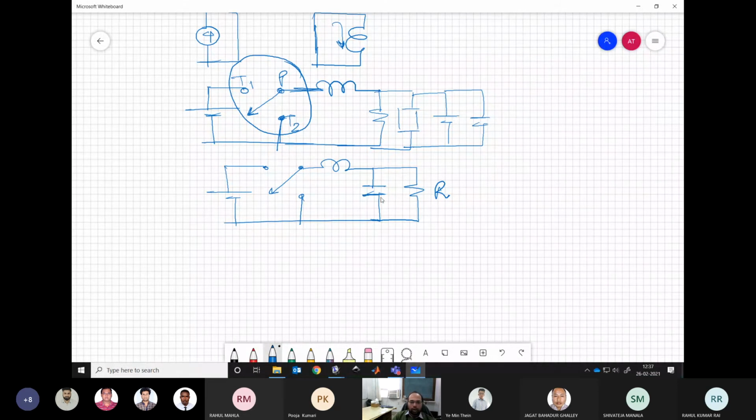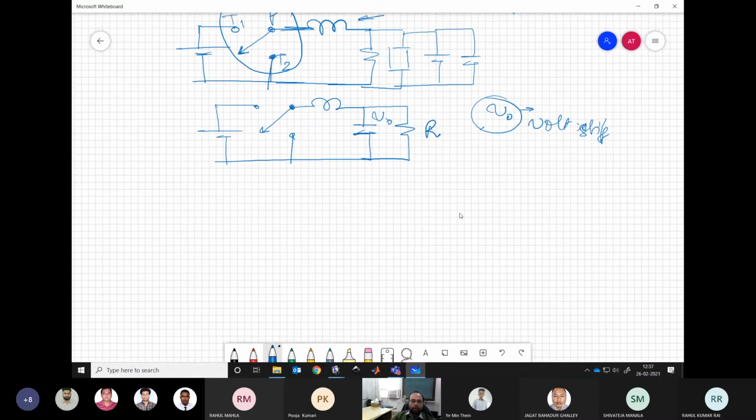What this capacitor will do is maintain the output voltage at some value. Similar to how the inductor is current stiff, the capacitor is voltage stiff. So assume that it is maintaining the output voltage at V0.